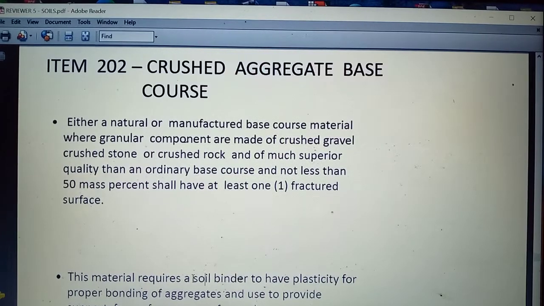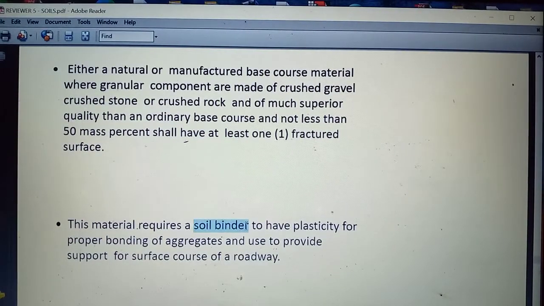So, this material requires a soil binder, okay? So, pag sinabi na, just like what I said, meron dapat siyang, kahit anong, yung sub-base course at saka yung base course, meron siyang binding materials na nakalagay. So, no difference itong si item 202 o si crushed aggregate base course.